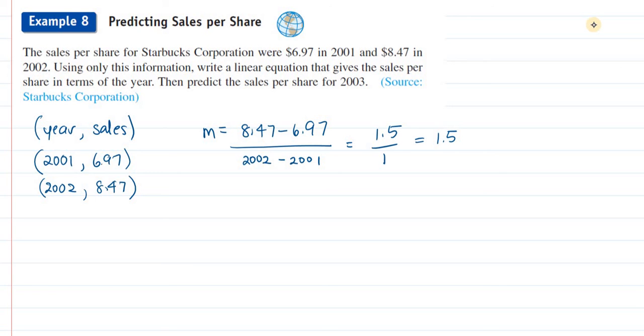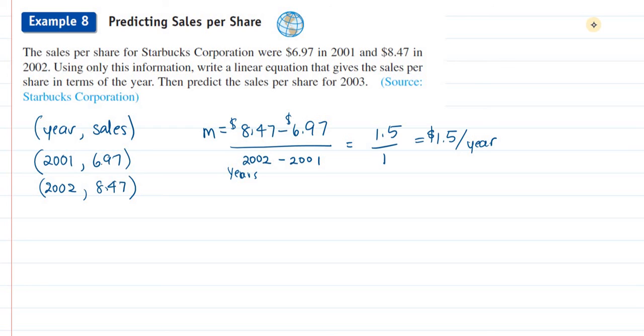So our slope is 1.5. Again, this is money, because our units up here were money, and our units down here are years. So this is money per year. That's our rate of change. So $1.50 per year is what's changing.